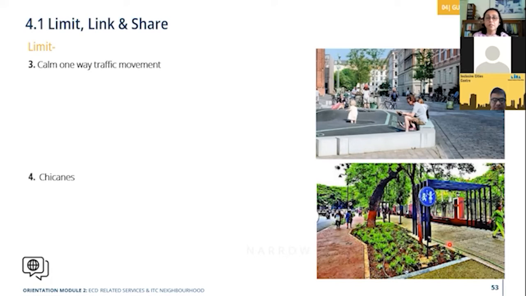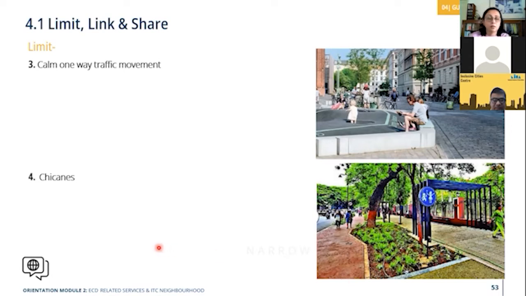And this arrangement in smaller streets, which we call neighborhood streets or access streets, they can have a very narrow carriageway for the vehicles. It can be carried out and it can become much calmer.